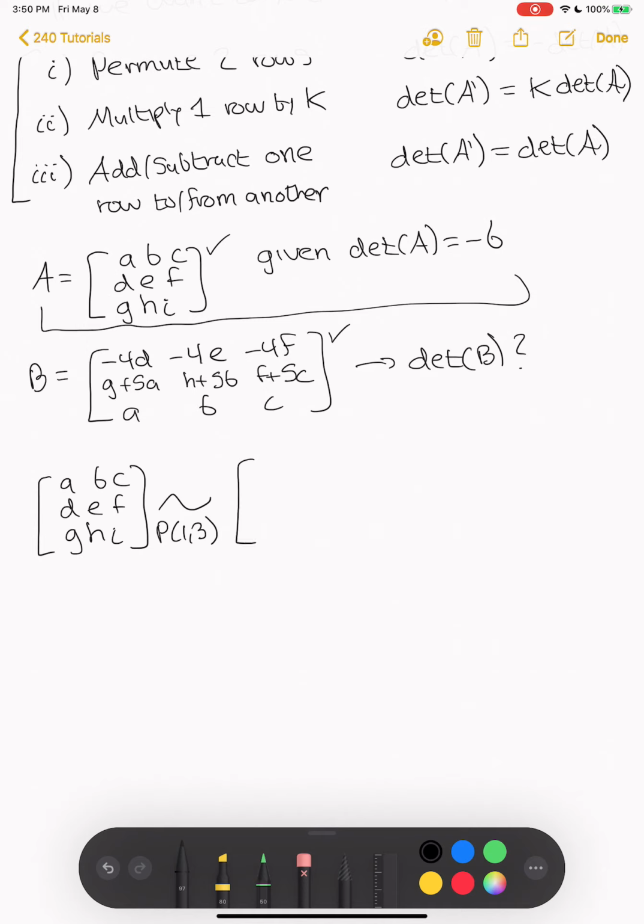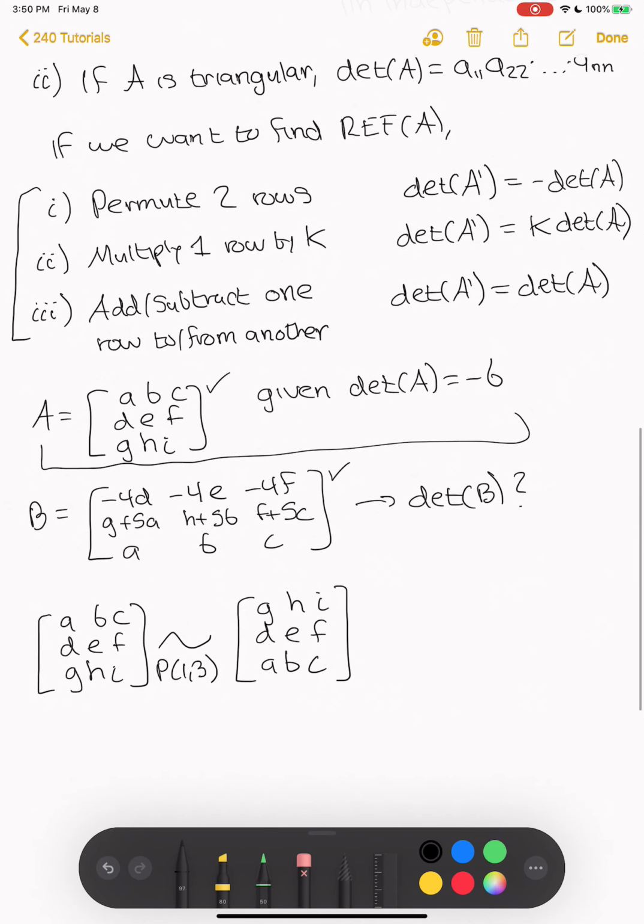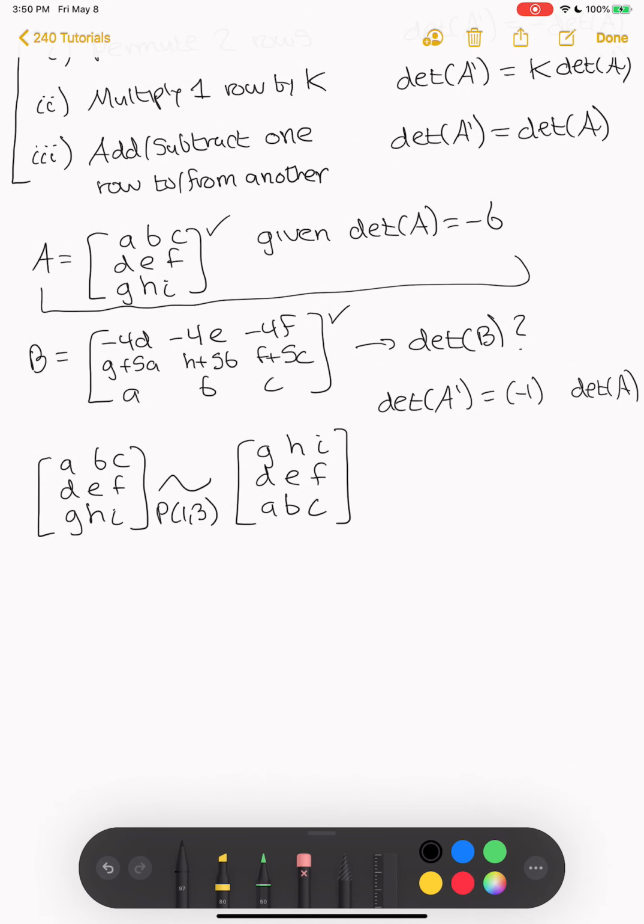So I have G, H, I, D, E, F, and I have my A, B, C at the bottom, so at least I got somewhere there. But remember, in doing that, I have to change my determinant here. So my determinant of A prime will be -1 times my determinant of A. All right, so by permuting it, I multiplied by -1.